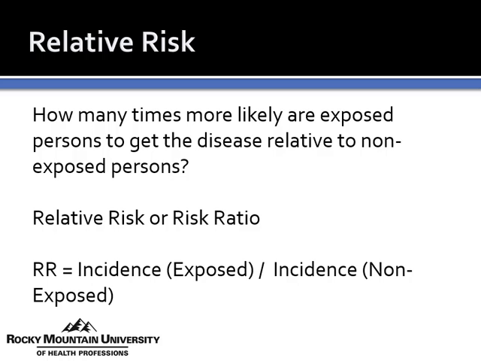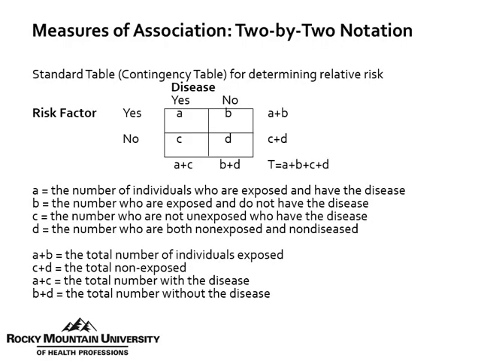Relative risk, this is an important statistic. This is how many times more likely are exposed persons to get the disease relative to non-exposed persons. Relative risk, also known as the risk ratio. This is the statistic that should be used in prospective cohort studies, also could be used in retrospective cohort studies.